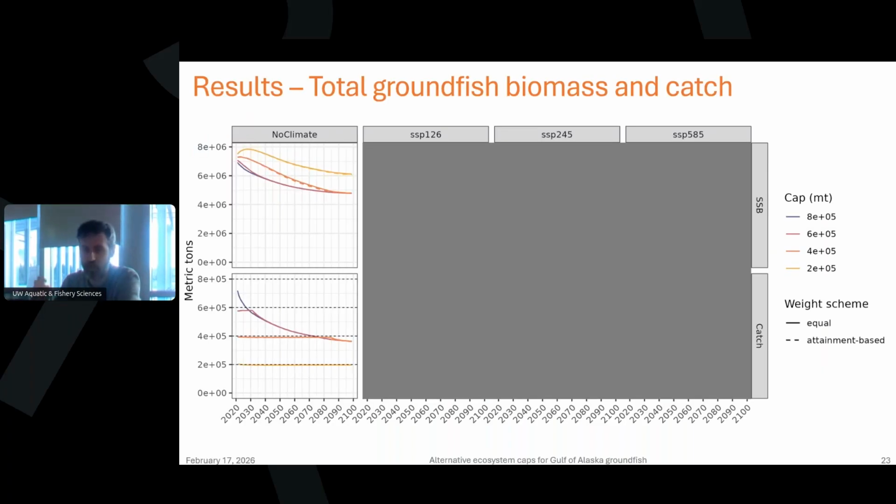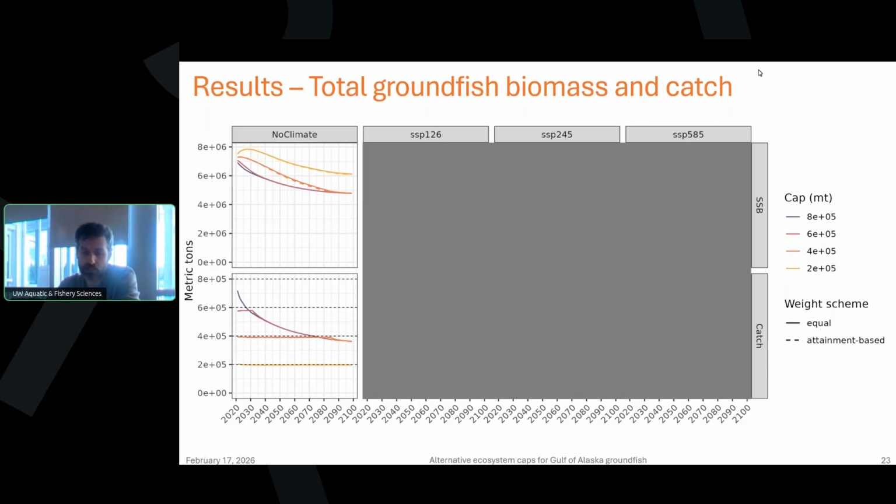What you see here is a plot with a bunch of panels, with total groundfish biomass at the top and total catch at the bottom.